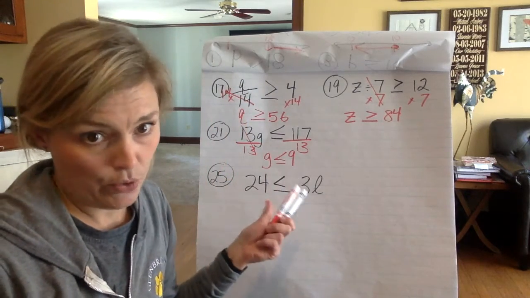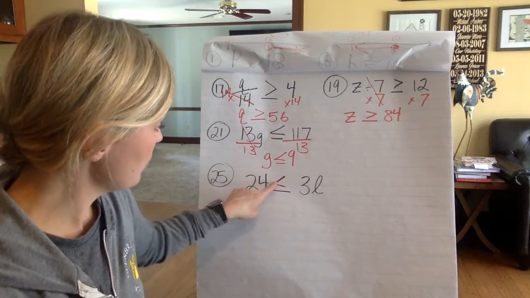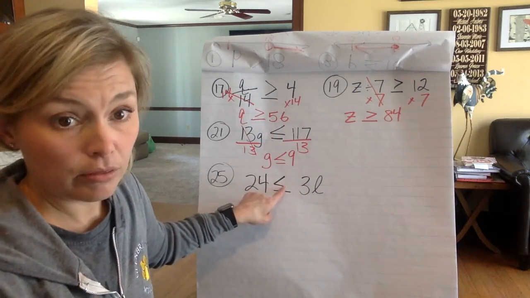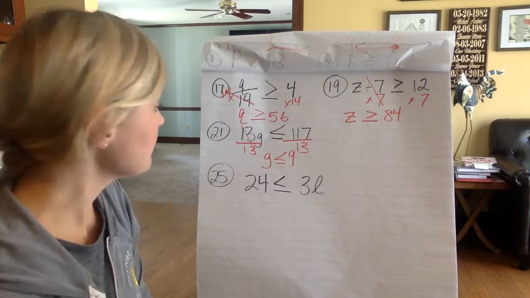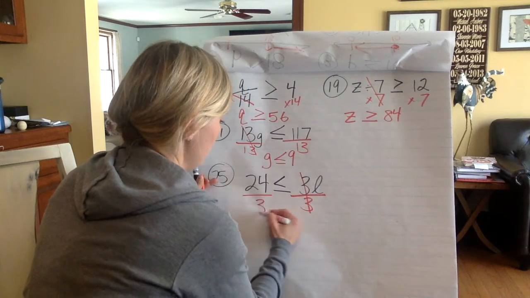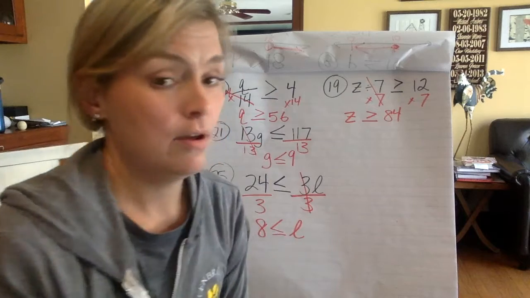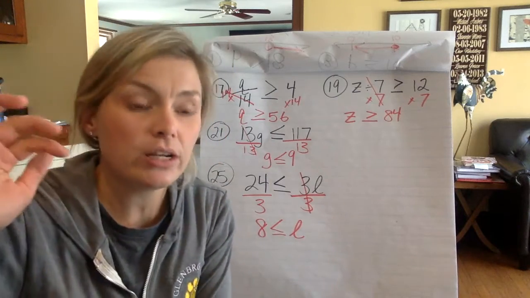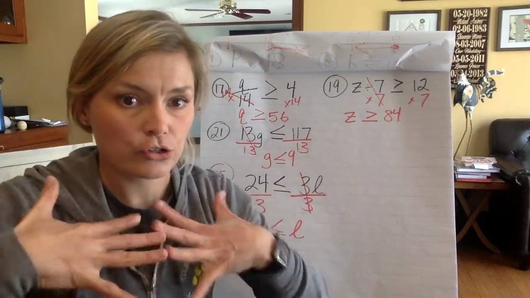There's your written inequality. If you have it flip-flopped, just make sure the mouth is opening up to the 3L, or the 3 times L. To solve, we want to divide by 3 on both sides. What we end up with is 8 is the minimum length for this table in order to achieve the 24 square feet that we want on the entire surface of the table.